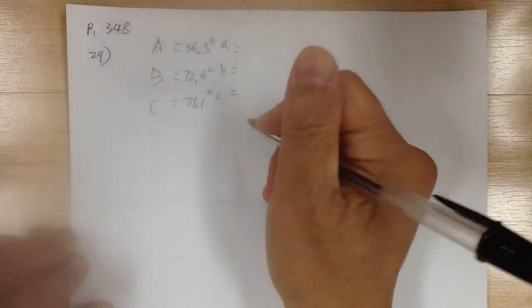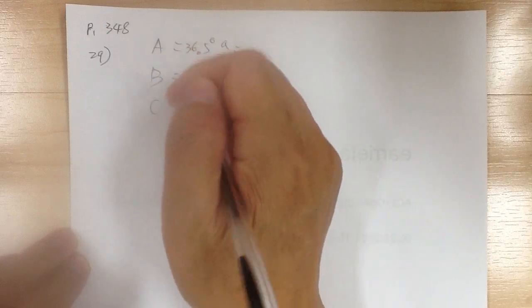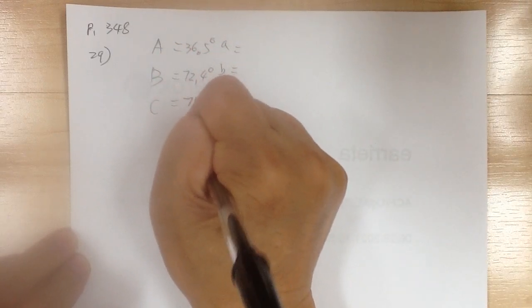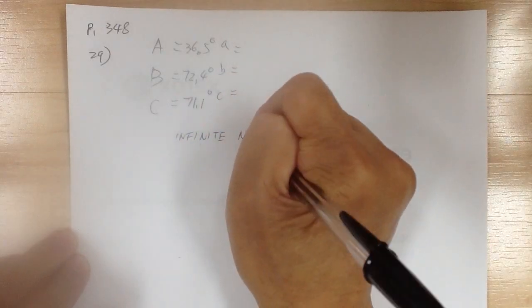So in this case, you're only given three angles and you don't have any length. So in this case, you're going to have an infinite number of solutions.